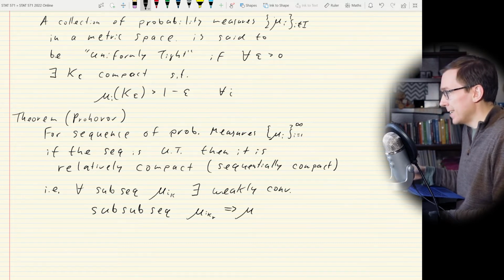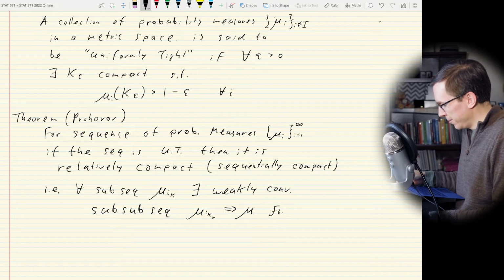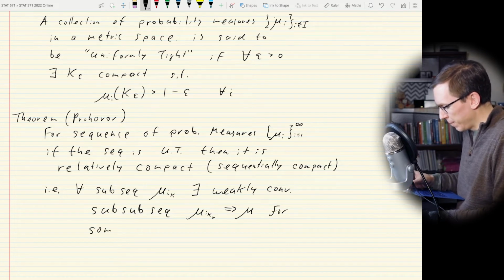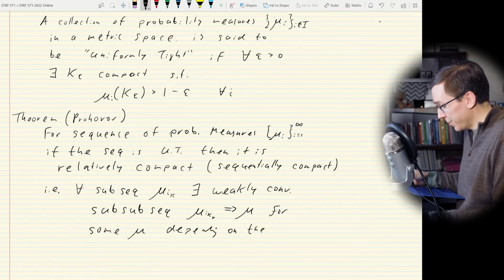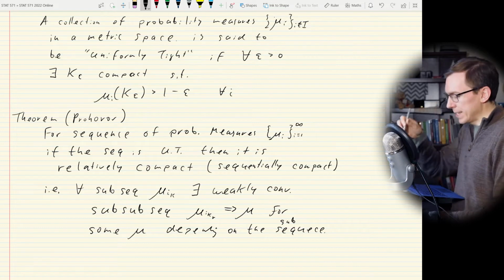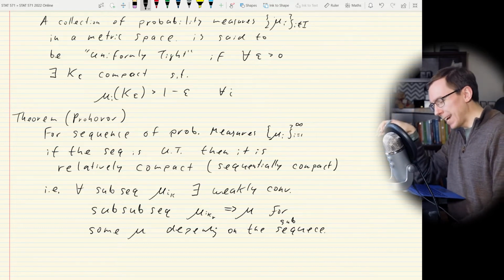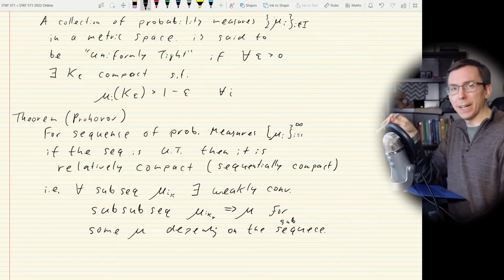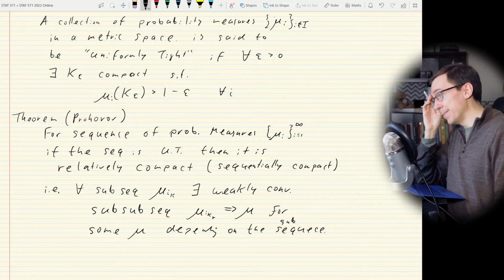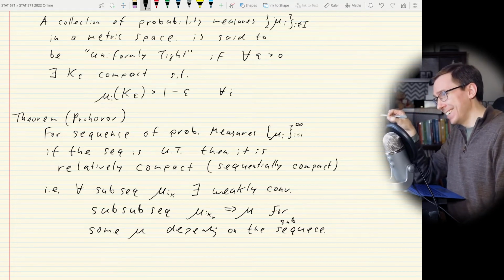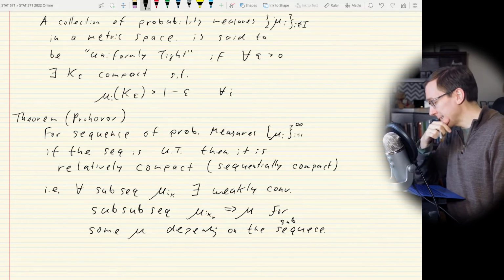And this is for some mu depending on the subsequence. The point is that if I have a different subsequence, mu might be a different mu. There's just no really good way to index it because I have way too many crazy things going on here with i sub k sub r.